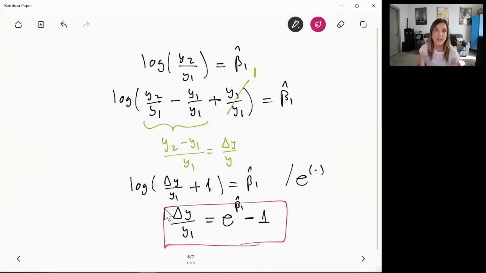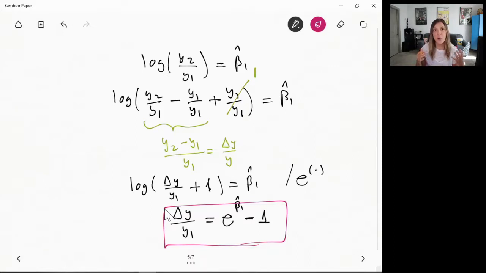This entails a percentage change. We multiply by 100 because remember that delta y over y gives us a proportion, and we need to put that on a scale of 100%. So we multiply that by 100. That's basically how we get there.